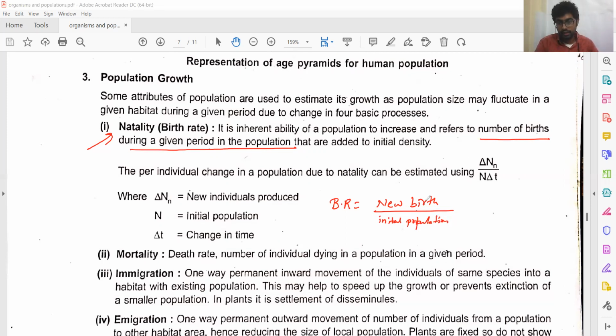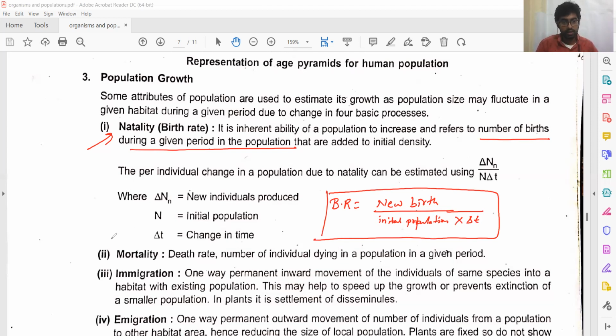Now again, rate of change of number of people, rate means that it is with respect to some initial population, and time is also there. In what time frame? So this is birth rate, new birth by initial population into that time frame.